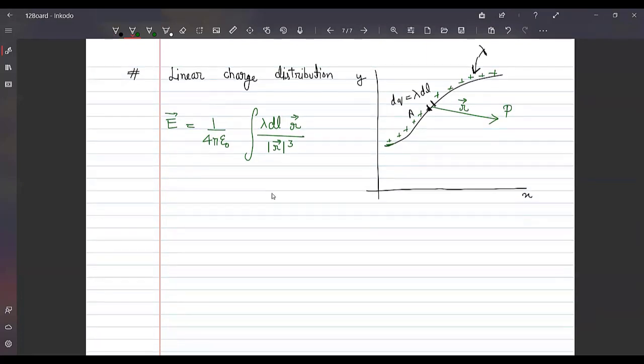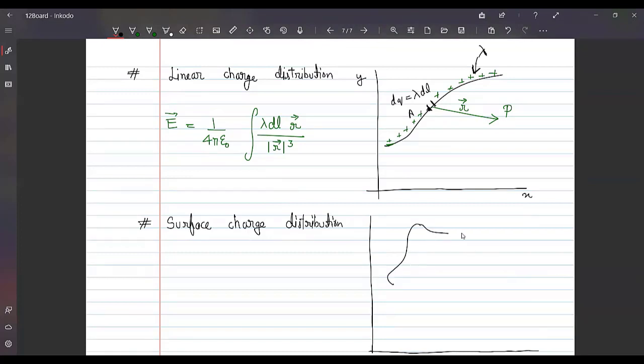This is the formula when charge is linearly distributed. Then we can have surface charge distribution. Same thing. I have already given an introduction on how you can find the magnitude of the charge. So suppose there is a surface and the whole surface is positively charged.